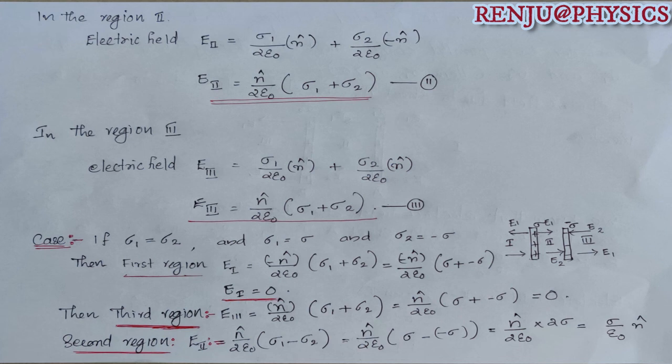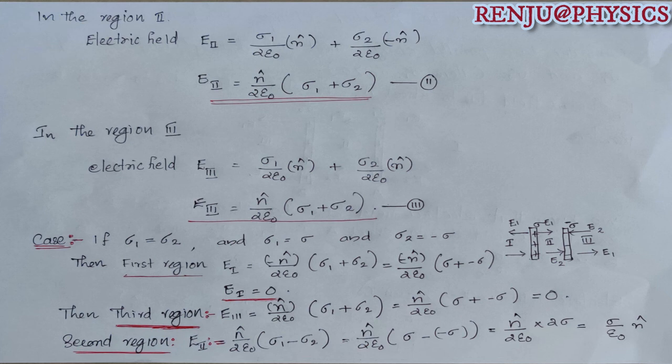Here n cap and 2 epsilon 0 we can take outside, so we get E3 is equal to n cap by 2 epsilon 0 times sigma 1 plus sigma 2. So these are the equations for finding the electric field in regions 1, 2 and 3 of charged parallel sheets. In this way we can find the electric field due to parallel charge sheets.